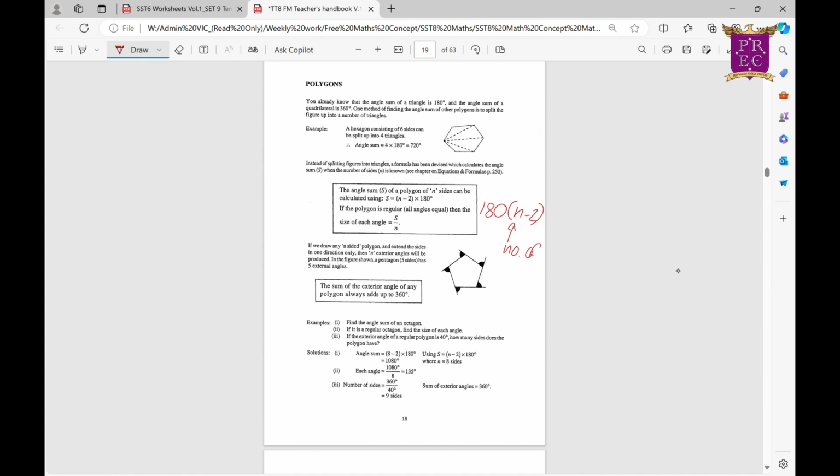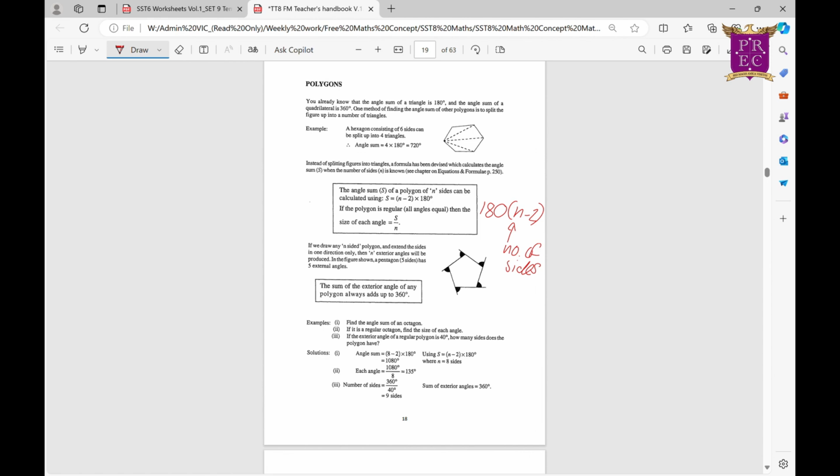This can apply to any polygon. So if we have a pentagon, that's five sides, so we substitute n to be 5. 180 times 5 minus 2, which is 3, and we just find out what 180 times 3 is to get the sum of interior angles.